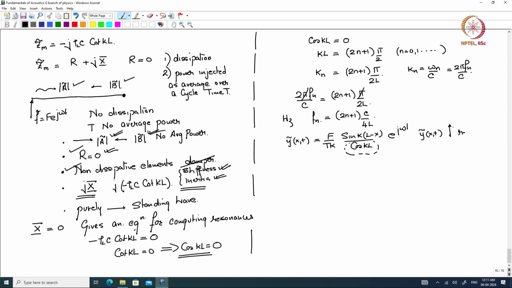Okay, this is the resonance frequency. Actually it will not blow up, but we have not put any damping, so that is the ideal result.